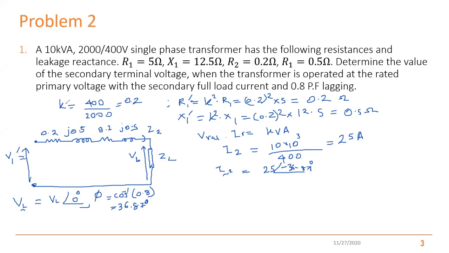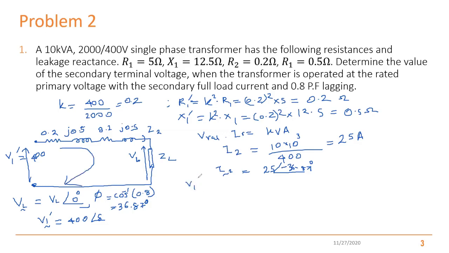Here is another indication that the primary voltage is the rated value, which means V1 dash should be the rated value in the secondary, that is 400 magnitude. So I write V1 dash as the phasor 400 at angle delta, and I don't know the angle delta. If I can find delta, I can find VL, right? So I use Kirchhoff's laws here.